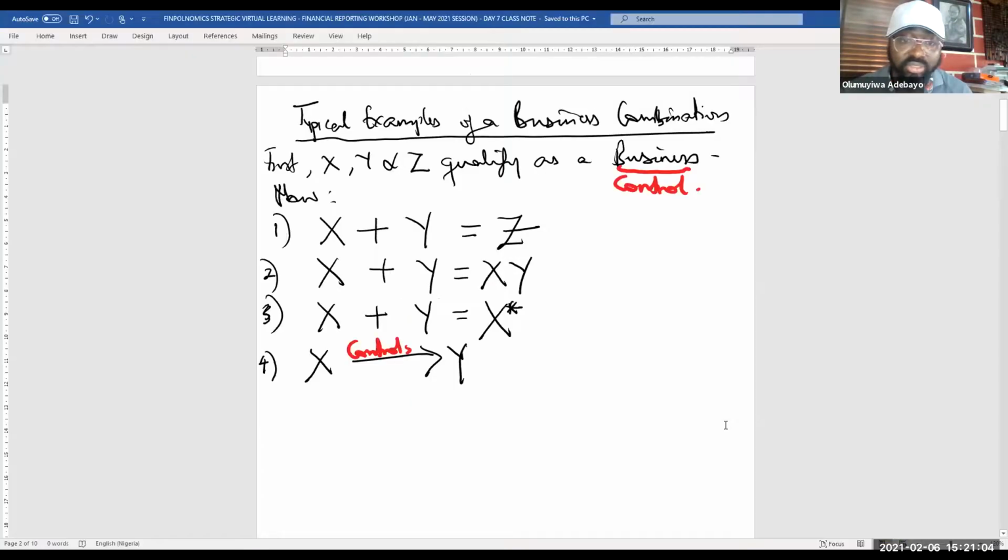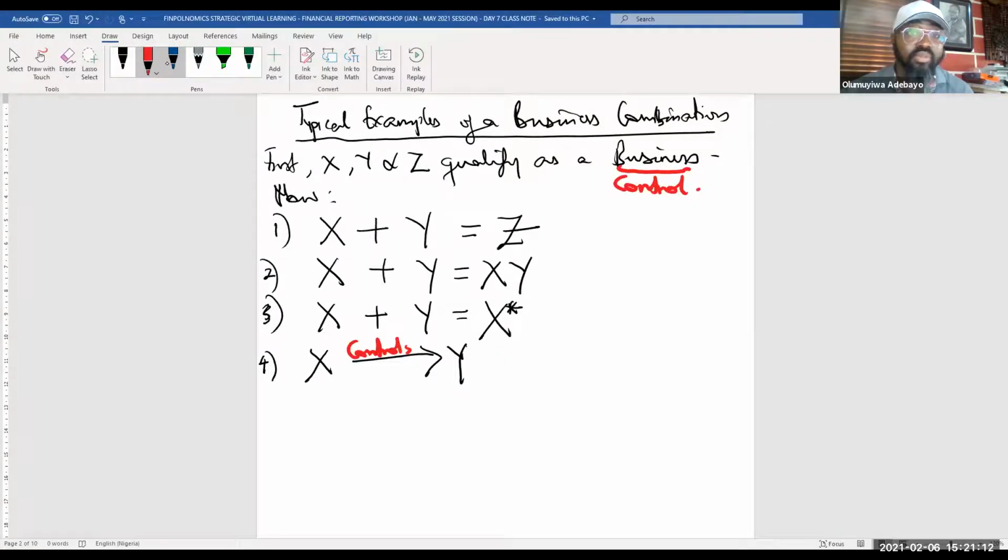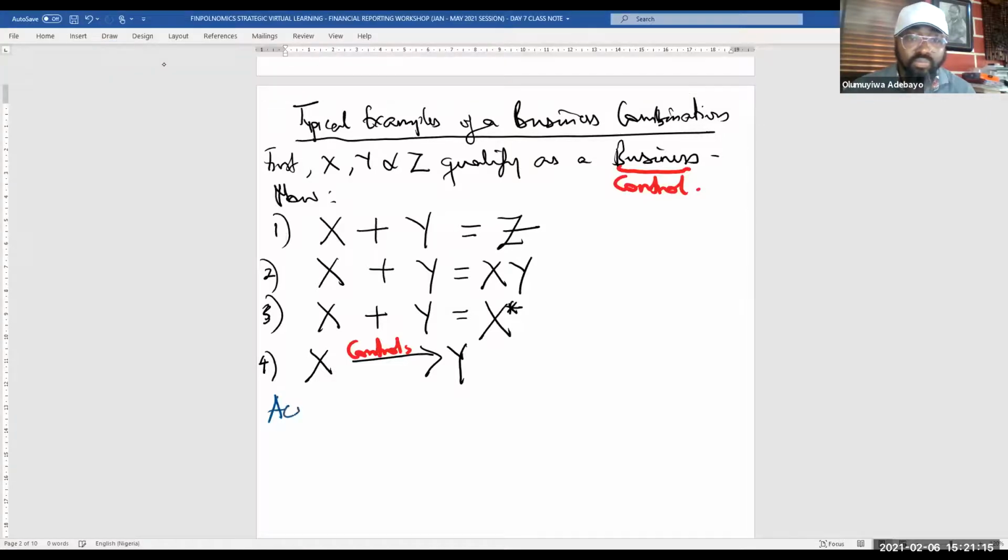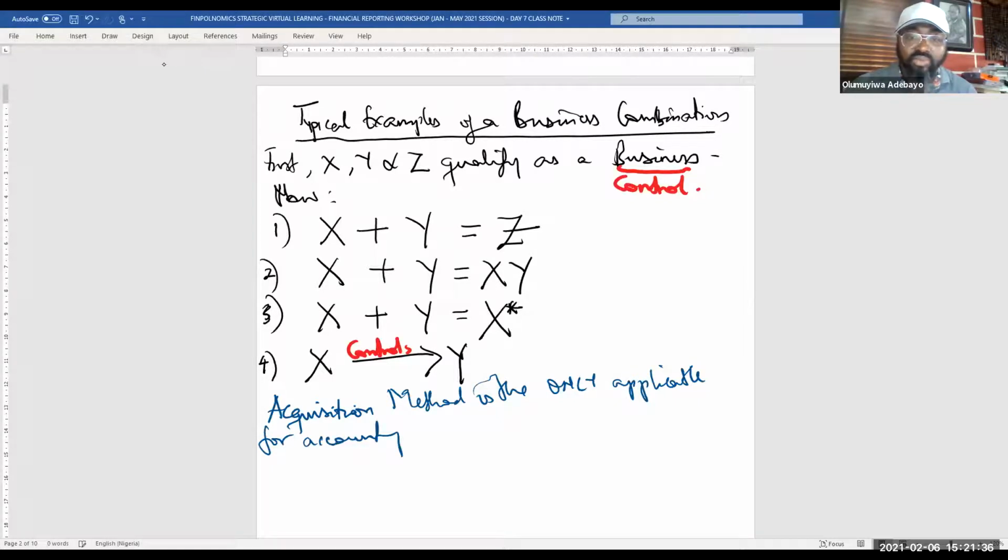Acquisition method is the only method applicable for accounting for any form of a business combination.